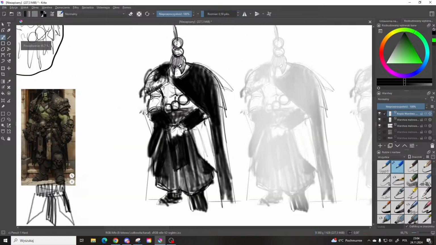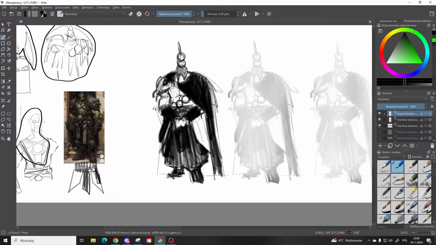Okay, so one of them has everything to the right, so let's see what will happen if I make him more symmetrical. And maybe I will try to get the huge collar here. I was thinking about a huge collar. Is collar actually the correct word for that?